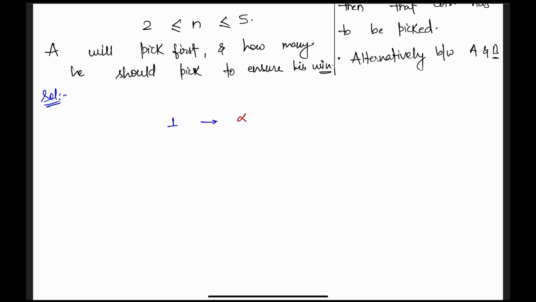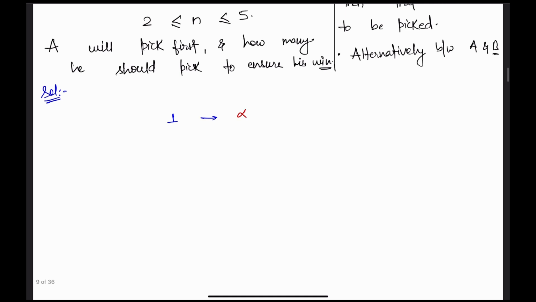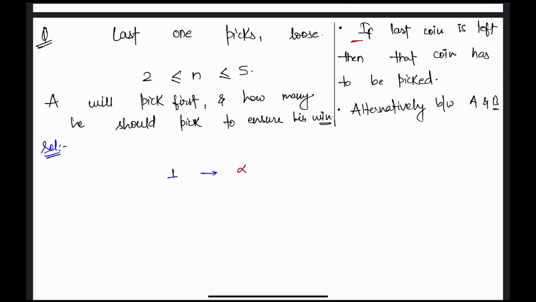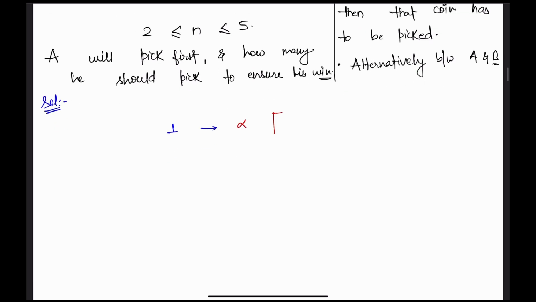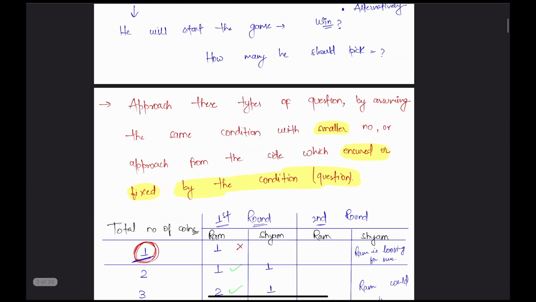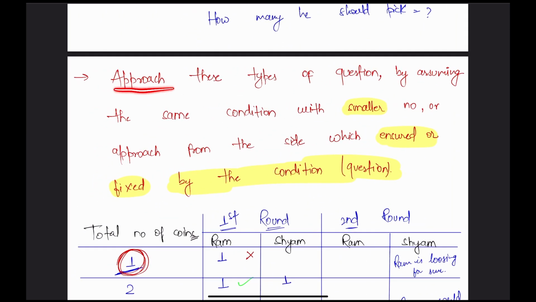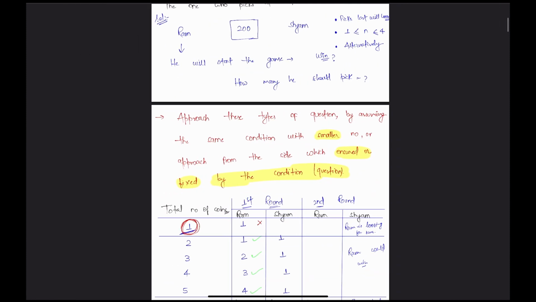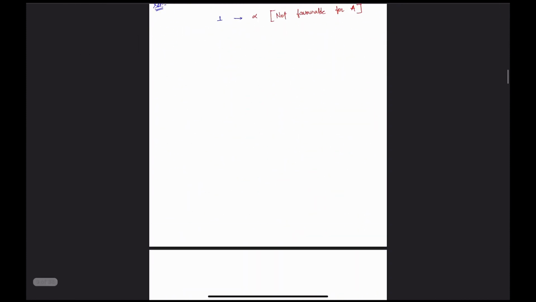So if one coin is there, then according to this condition, A has to pick 1. So I can say it is not favorable for our A. Because in the beginning of this lecture I said that we approach this type of question by assuming the same condition with a smaller number, or take the question from the backside, which is already fixed. The question is fixed that the last person will lose.